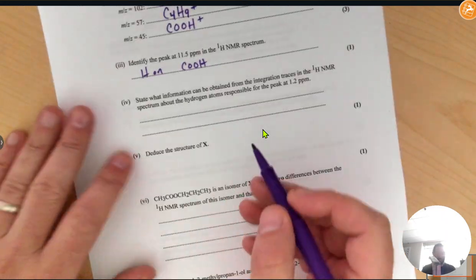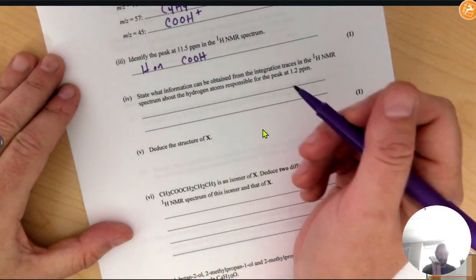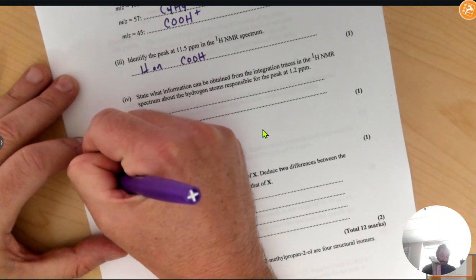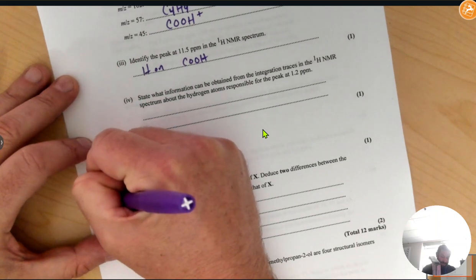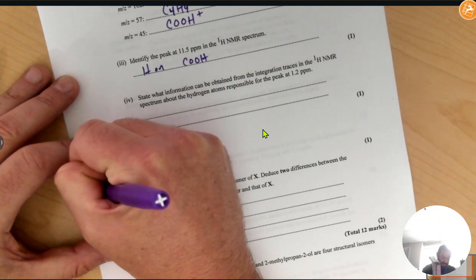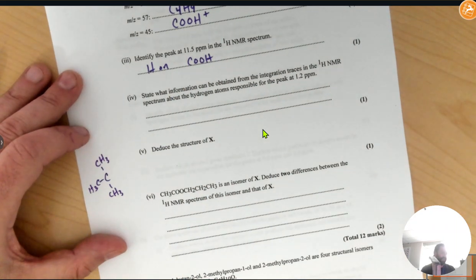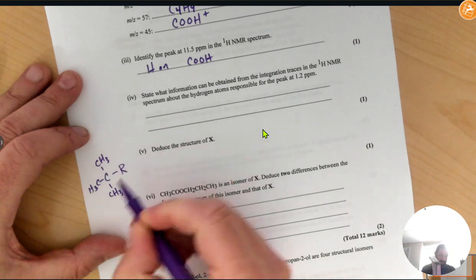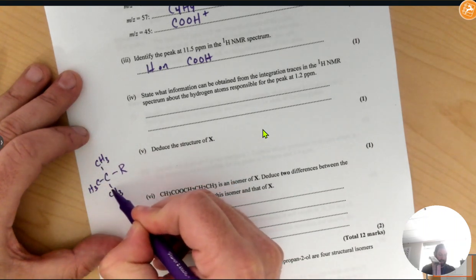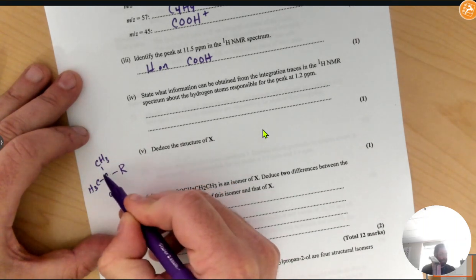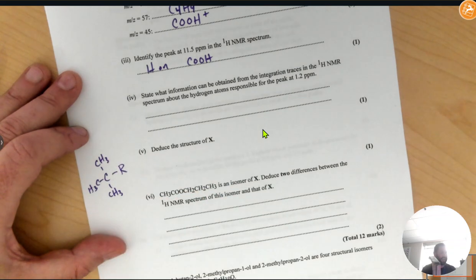What I told you guys in class, whenever you see an integration trace of 9, generally, in this class, it always means a carbon atom that has 3 methyl groups bonded to it. First of all, those hydrogens would all be in the same environment because they're all bonded to the same carbon atom, and there's 3, 6, 9 of them, so that's usually what it is.